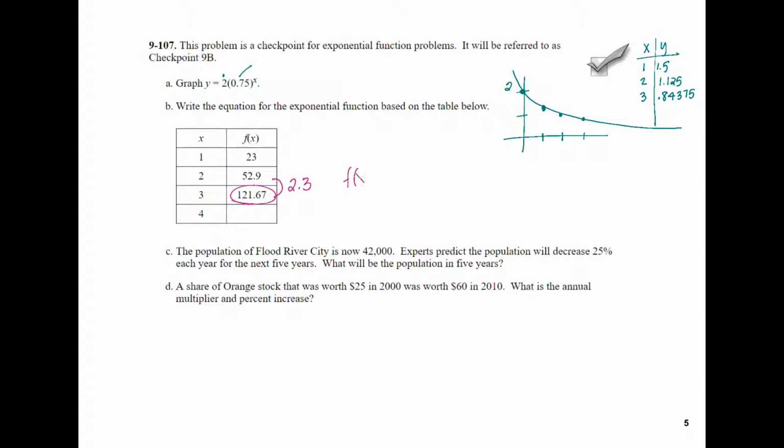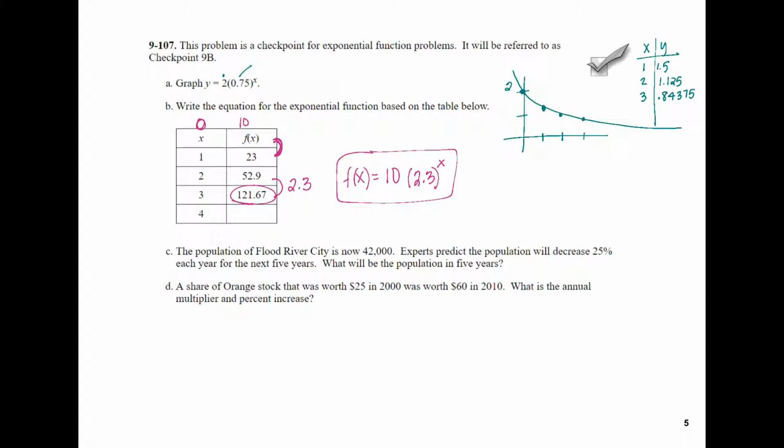So f of x is how we start our function. We know our multiplier is 2.3 to the x power, and then we need to find our initial value. We need to take 23 and divide it by 2.3 because it's the inverse. We know that our starting value at 0 is 10. So f of x equals 10 times 2.3 to the x power.